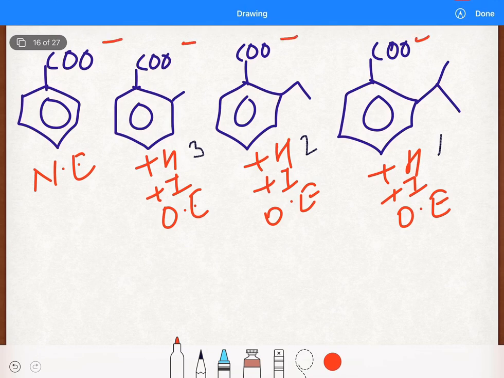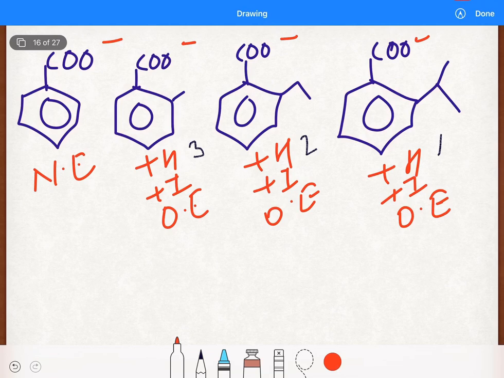Then plus H will destabilize the anion, correct? The second one has 3 plus H, so it will destabilize more. Then the third one has 2 plus H, the last one has 1 plus H. The higher the hyperconjugation, the lesser the stability of the anion, correct?